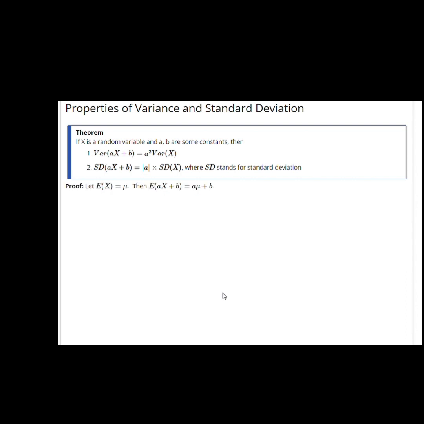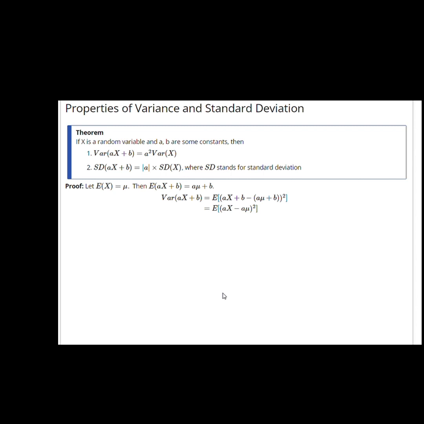Let's prove this. The expected value of X is mu, so the expected value of aX plus b equals a mu plus b. The variance of aX plus b is obtained by taking aX plus b, subtracting off its own expected value, and squaring that difference. If we expand that, you'll notice that the b vanishes.